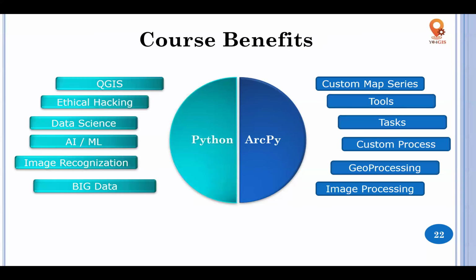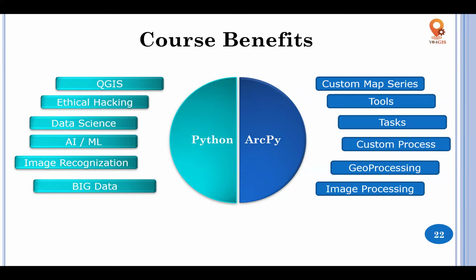What are the course benefits you will get? First of all, the biggest benefit is the first half of the course, because in the starting part we are going to explain Python. Once you have learned Python, you can use it in AI and ML.